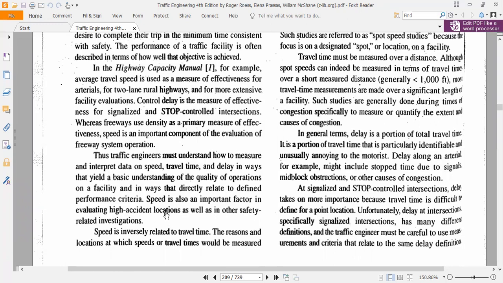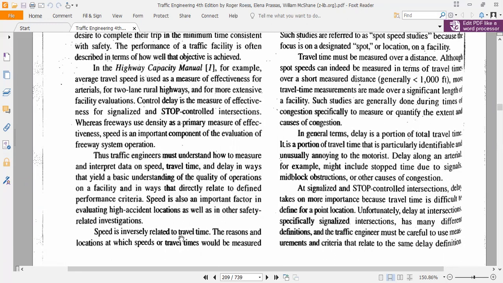That is why speed is an important factor in evaluating high accident locations, as well as other safety related investigations. But you must remember that speeding is not the only cause of accidents. There are also other reasons, but you can say that speed is one of the major reasons of accidents.